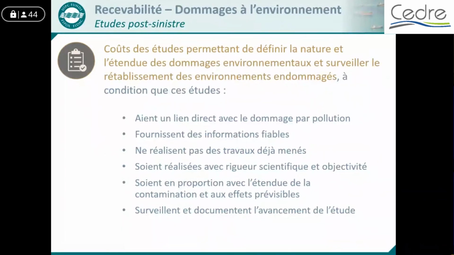The post-claim damages, or post-incident damages, is when you have, sometimes by chance, the possibility of showing that there's a direct link to the damage from pollution, that's a lot more reliable, excuse me, than if you just indicate that it's probably due to this.